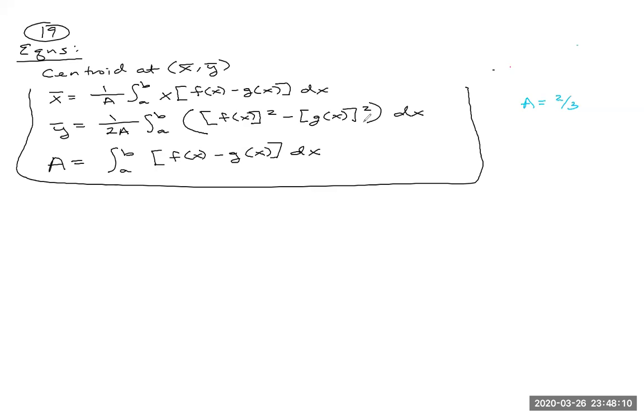We need to find X bar. So X bar is equal to 1 divided by your area, 2/3.